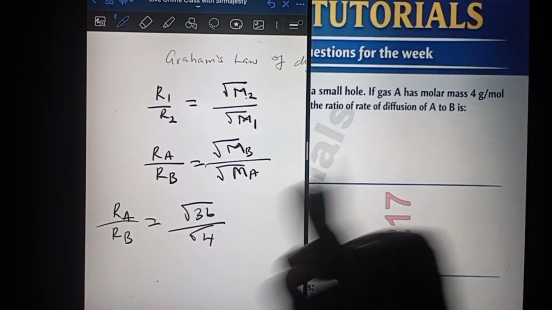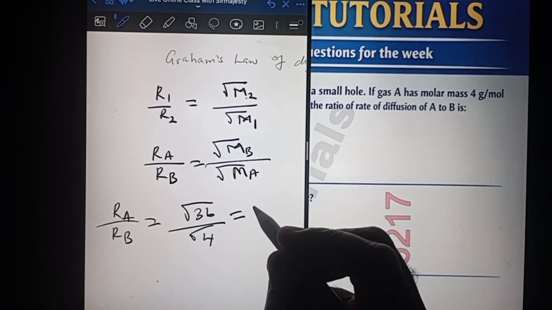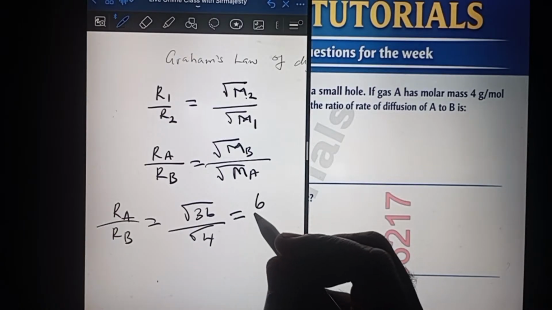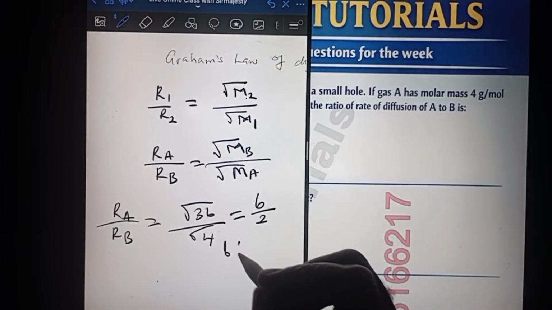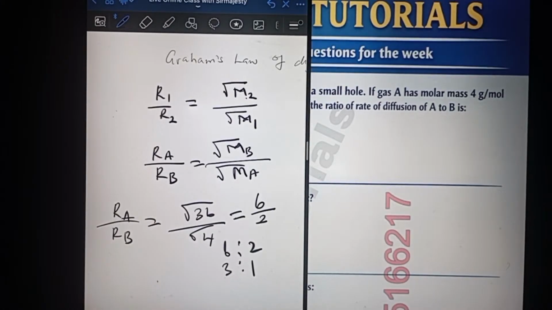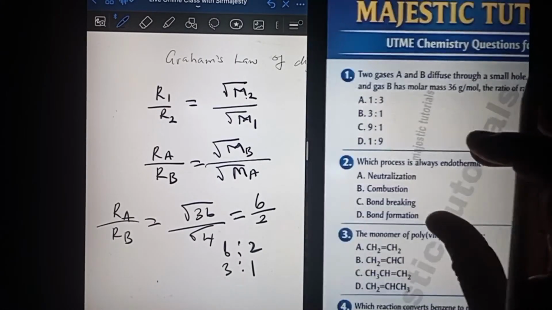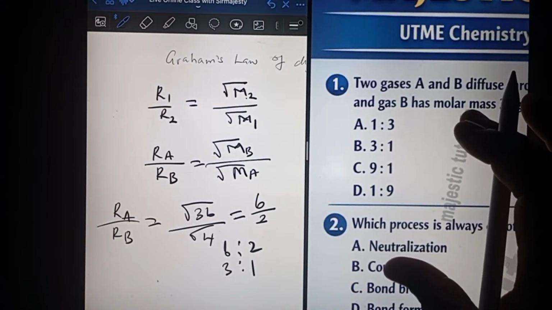Square root of 36 is 6 and square root of 4 is 2. 6 is to 2, which is the same thing as 3 is to 1. So the correct answer is option B. The rate is 3 is to 1.